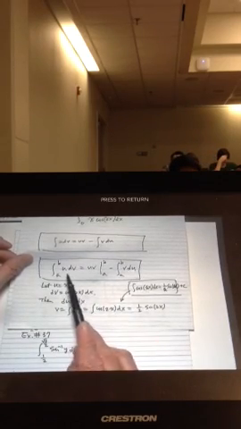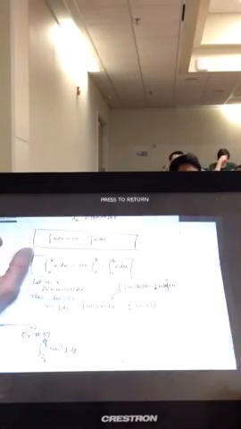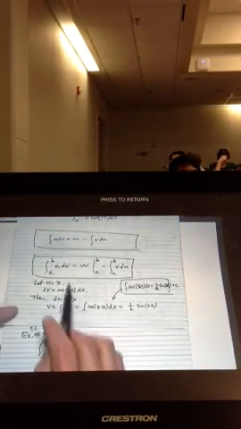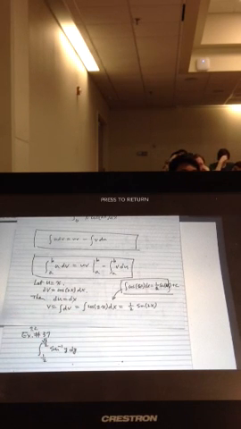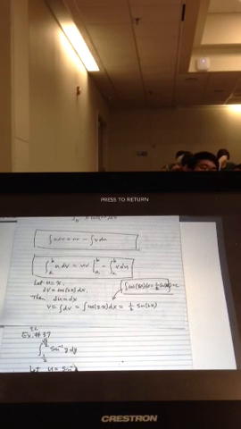So I have to define what u is. Well, apparently, the only u I can use is inverse sine of y. I just have to use this because there's only one choice. This has to be u. There's no other choice.